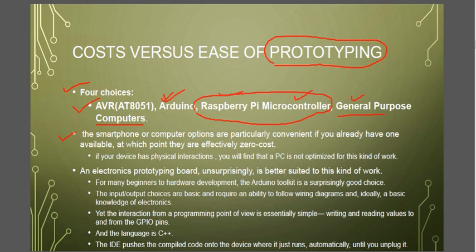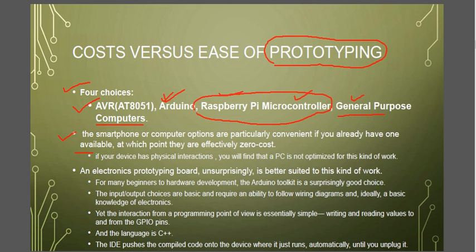Second point, the smartphone or computer options are particularly convenient if you already have one available, at which point they are effectively zero cost. Meaning if you have a smartphone and computer available, you need very little cost to develop a prototype.